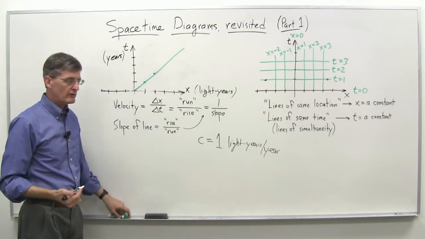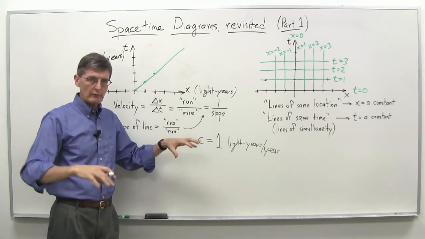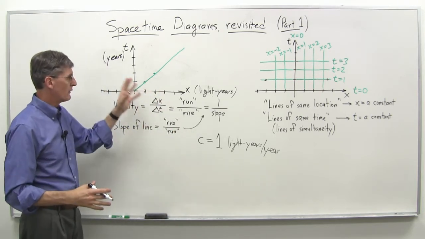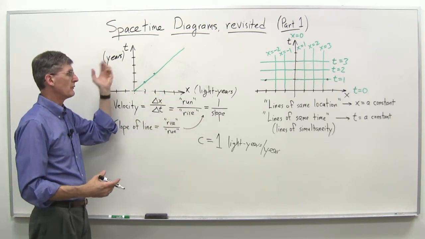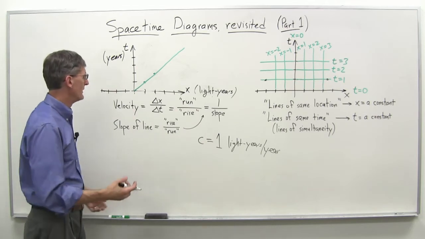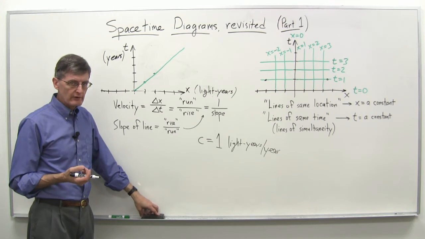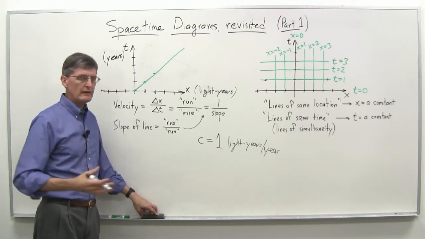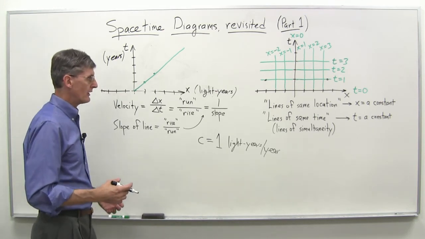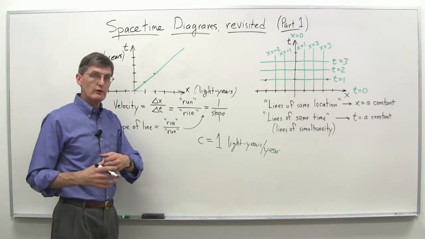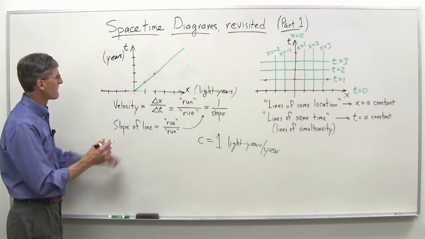Nice symmetry to that. And therefore, this is what we're going to choose for our space-time diagrams when we're using them with the special theory of relativity. We're going to have light years per year typically, or it could be, again, light seconds if we want to do seconds for time, and so on and so forth with that. Another way sometimes you will see this, by the way, if you read other books on the special theory of relativity, and a little later on in the course I will give you a list of some nice books for those of you who want to go beyond the course, sort of next steps you might take for books out there.